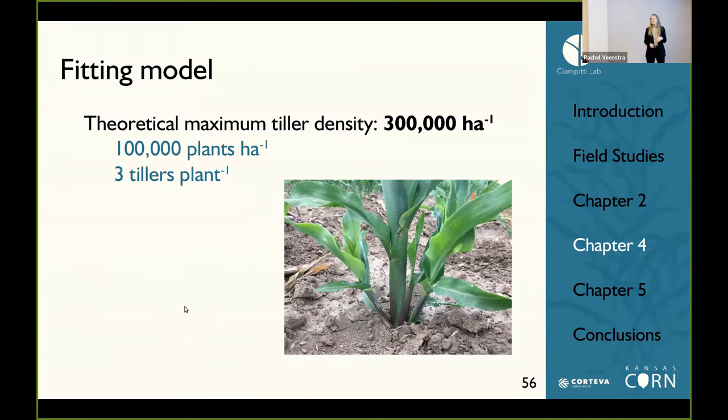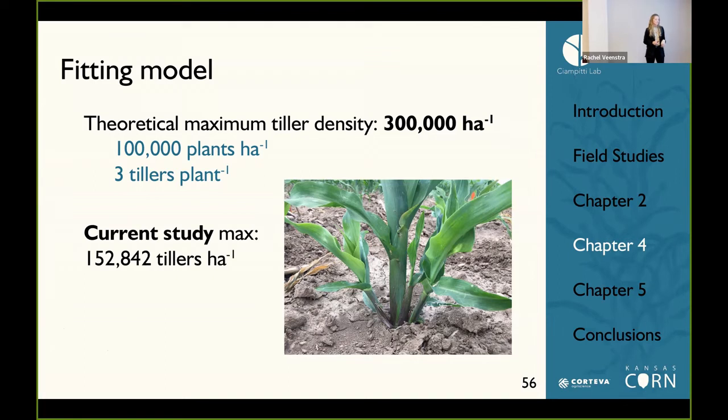So our theoretical maximum tiller density that we decided on was 300,000 tillers per hectare. And that was based on a maximum plant density in modern corn plant density studies of 100,000 plants per hectare, and then a maximum reported number of tillers at a field scale of 3 per plant, which, as you can see, we did in our field trials.